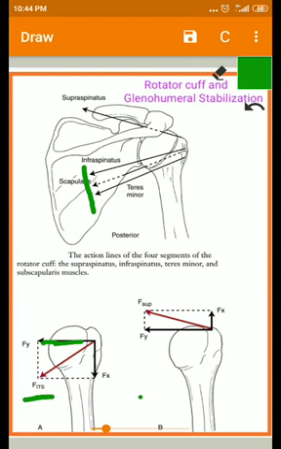So because of that compression, these rotator cuff muscles, that is infraspinatus, subscapularis and teres minor, will stabilize the head during motion of the glenohumeral joint.